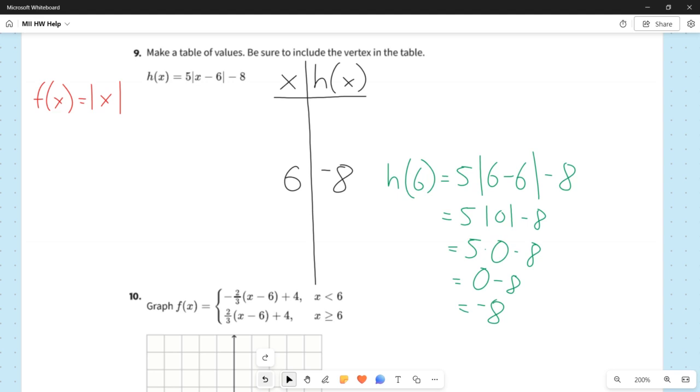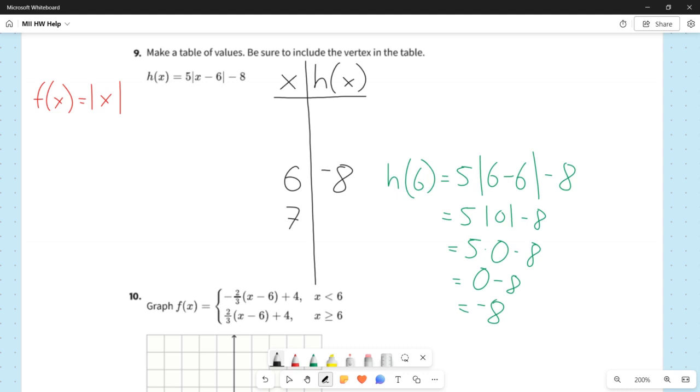We're free to pick any values we want, but it's going to be the most helpful if we go from the 6 and go 1 unit, 1 unit, 1 unit in each direction. So after 6, the next thing we could do would be 7. Makes sense. This is going to be just 1 unit to the right of the vertex.